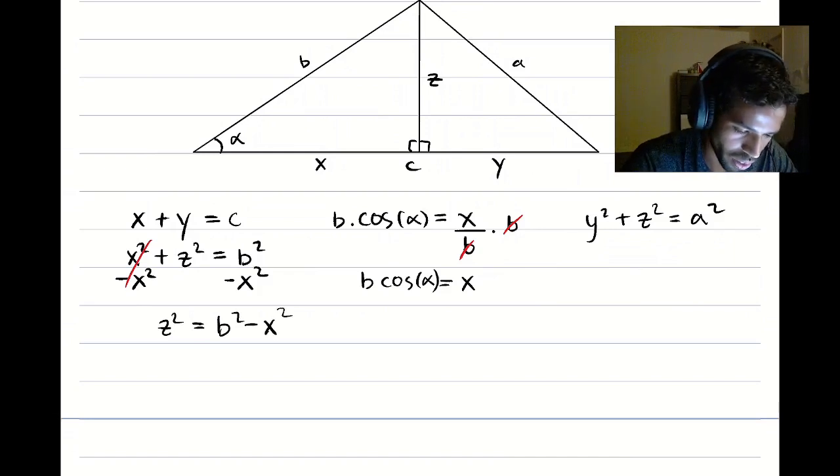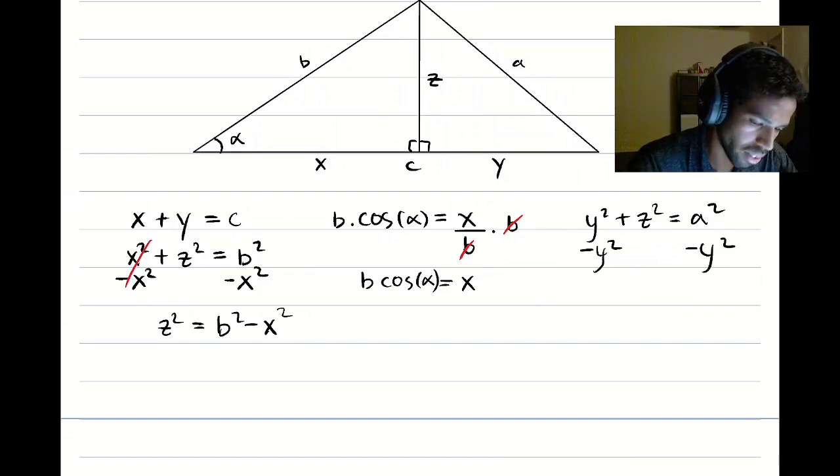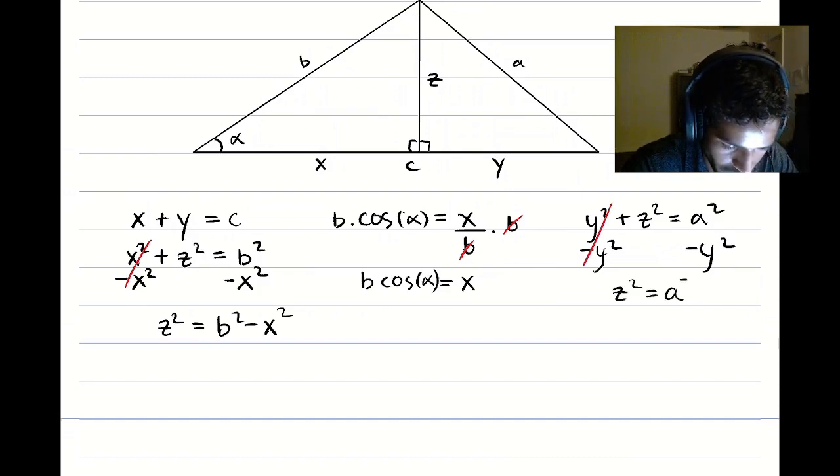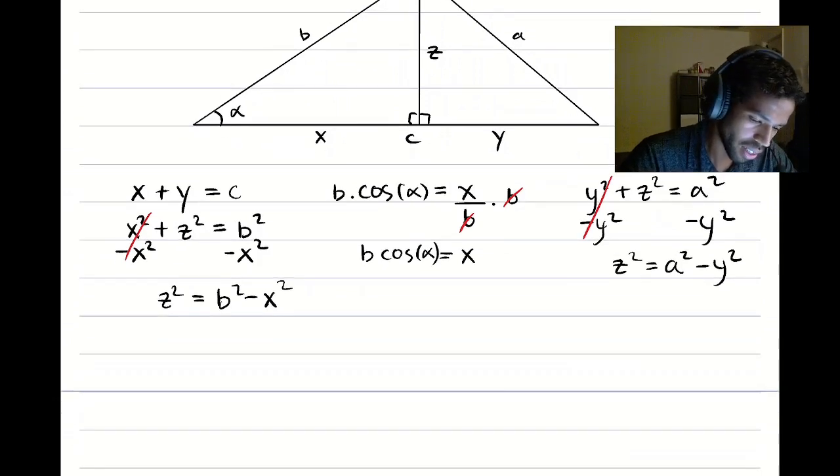Okay, so I'm going to do something similar in the equation on the right. And so we have minus y squared on both sides. So that cancels these two out. And we end up with z squared is equal to a squared minus y squared. Okay, so now I can set these two equations equal to one another because both of them equal z squared.